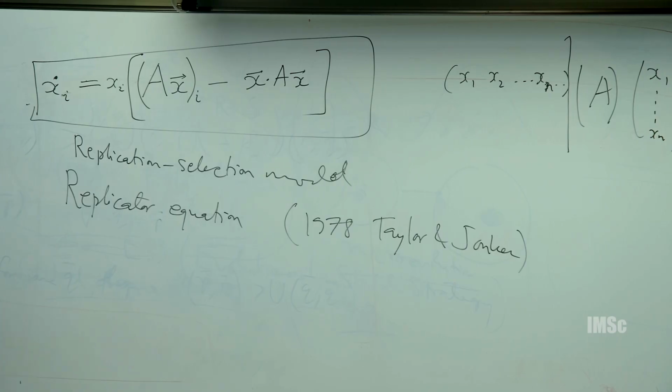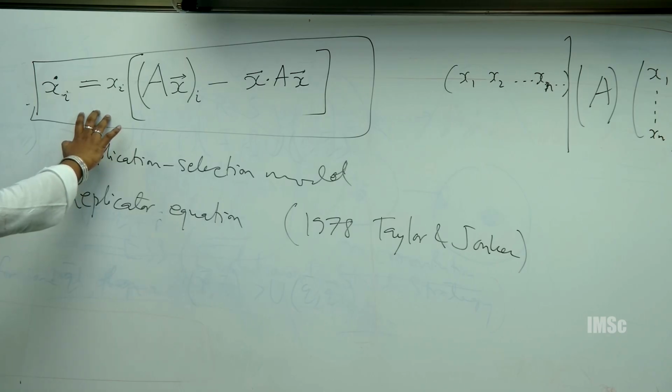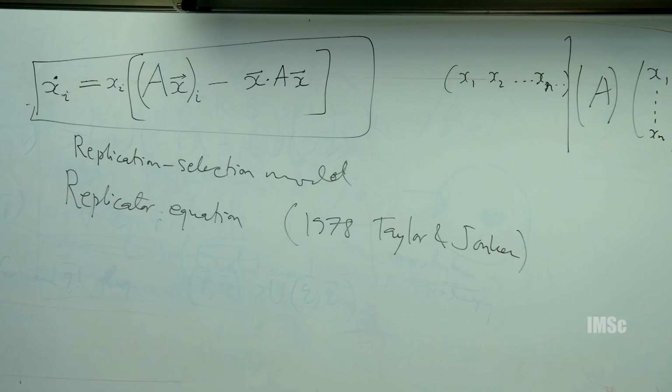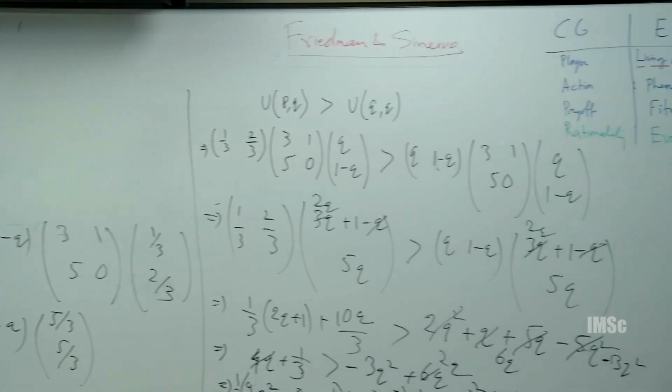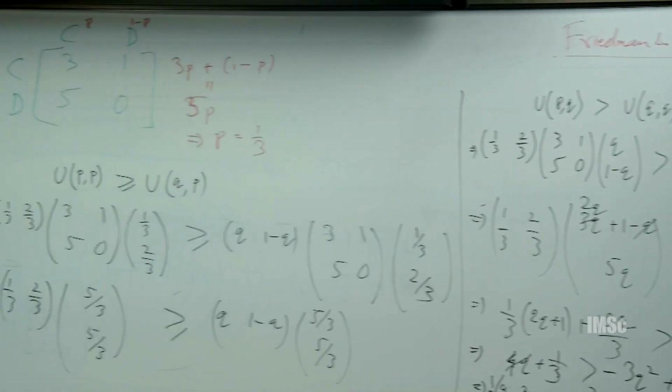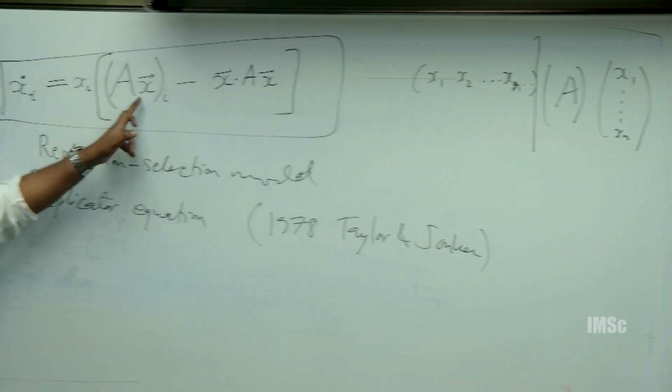Now there are certain things you should observe first about the replicator equation before getting into it. This equation does not allow for any mutants. Right from the beginning you are saying you have a distribution of traits. All you are interested in is how the trait frequency is changing. Note your fitness is dependent on frequency.